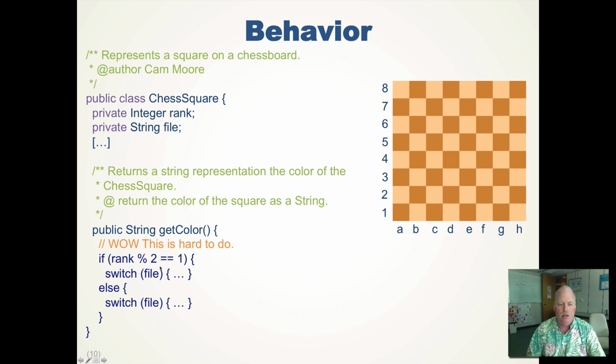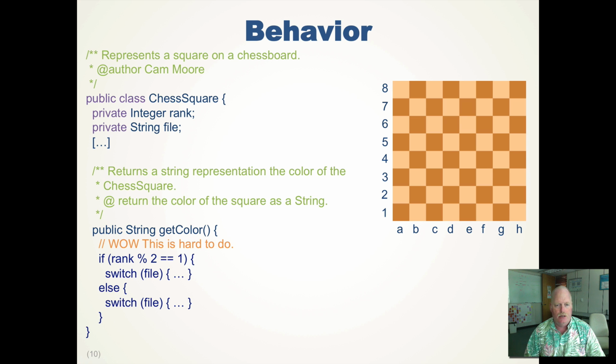So I have to decide whether I'm in the odd row or even row using the mod operator we talked about last time. And then we have to do the switch on this. So this is not such an easy implementation to find out what the color is.